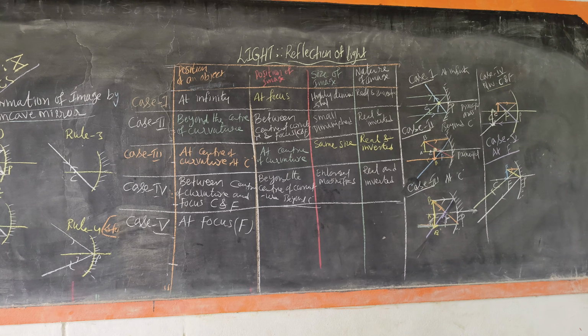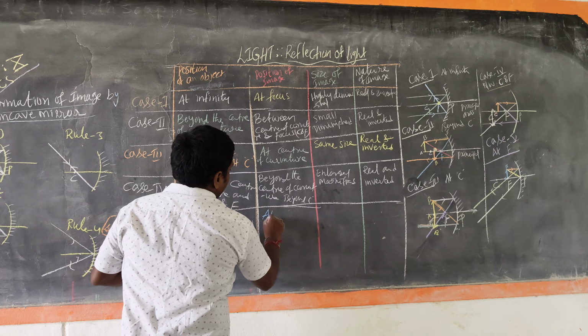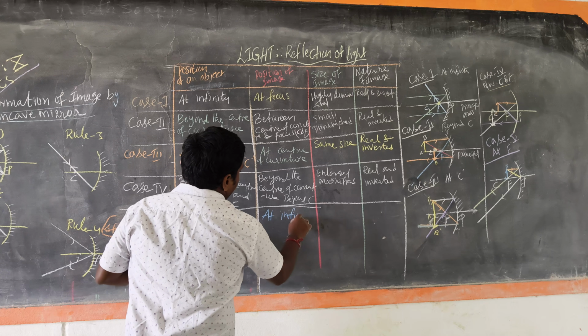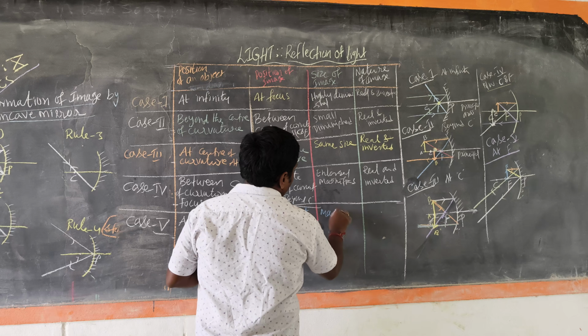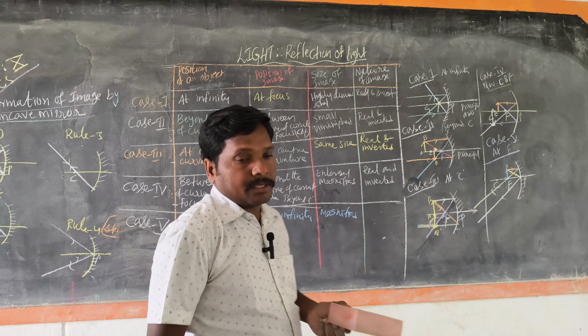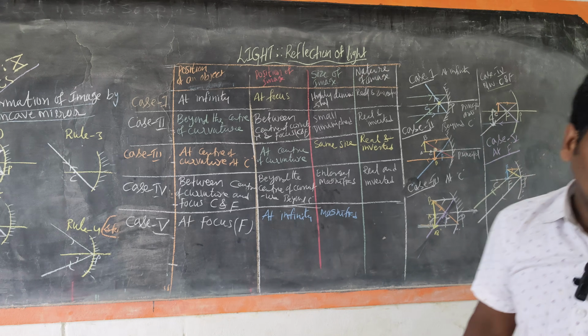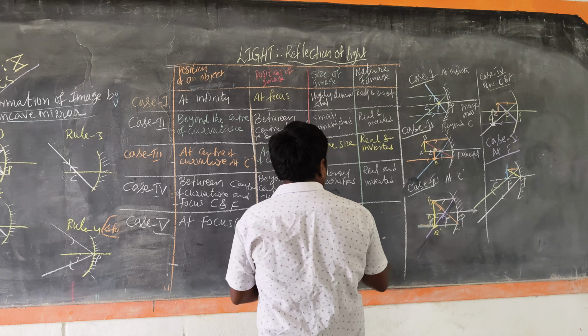A magnified image is formed at infinity, real and inverted.